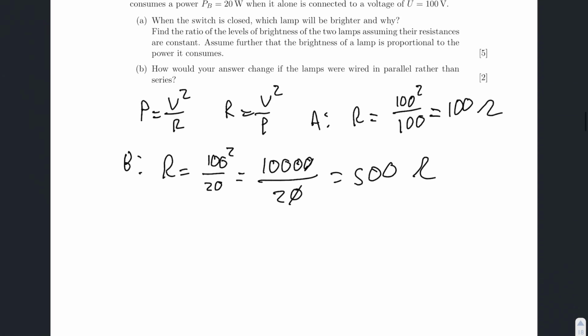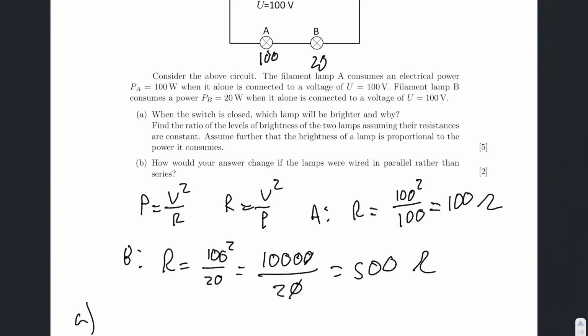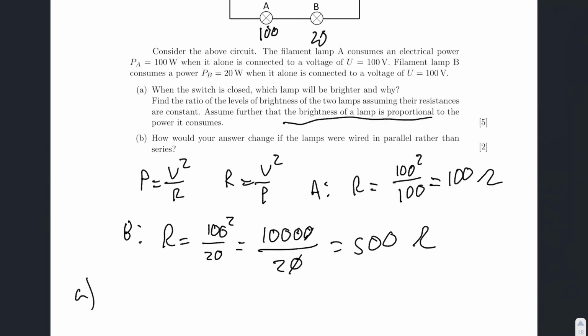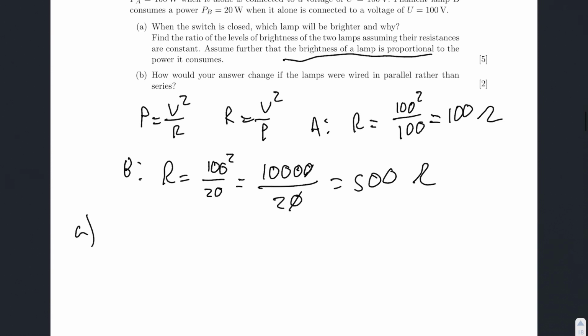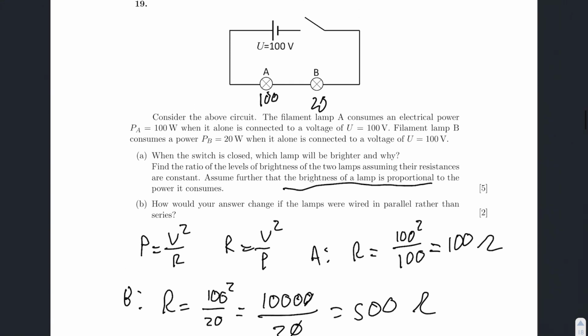Okay, so next, we can work out the power of each of these bulbs when they're connected in this circuit, and whichever has the higher power will have the higher brightness. It actually says that here. For A, we know that P equals I squared R, and the current is equal in this series circuit.